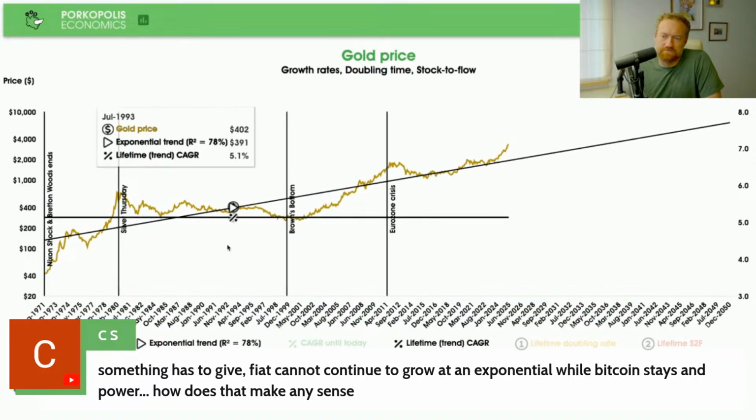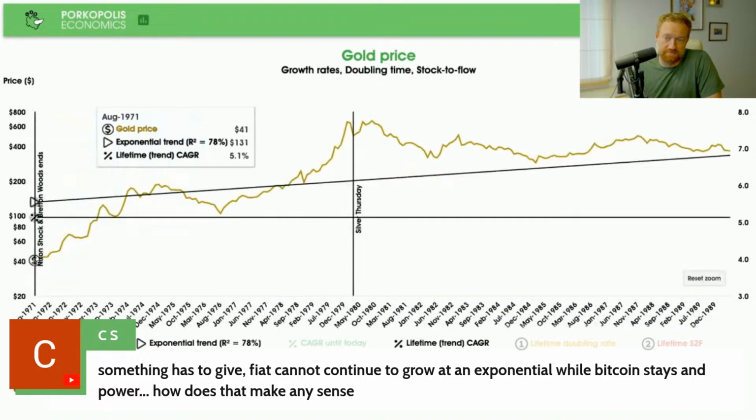I think about this a lot. When gold got depegged from the dollar, it went crazy. Intraday, it finished at $850 an ounce, somewhere here. I think it was January 1980.